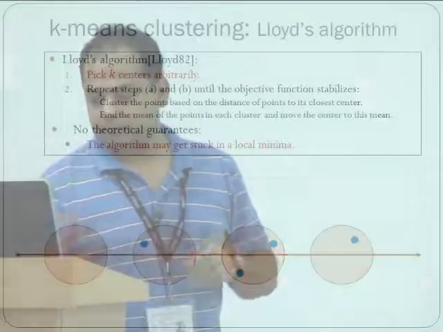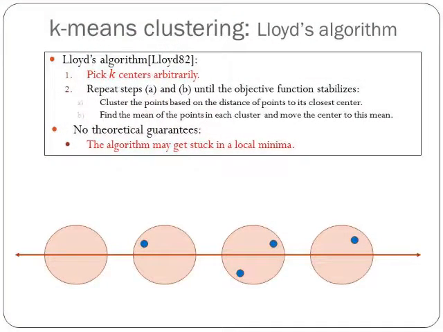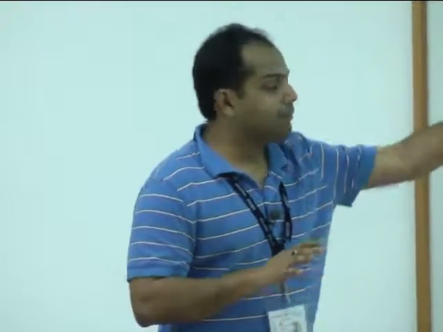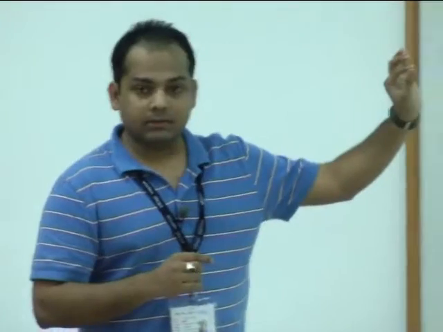Let me give an example of the first problem using a very simple example. Consider this example. These big circles denote a bunch of points, uniformly distributed points within these big circles. Now you're trying to cluster these points using Lloyd's algorithm. Suppose Lloyd's algorithm picks these blue dots as the initial centers, 4 centers.